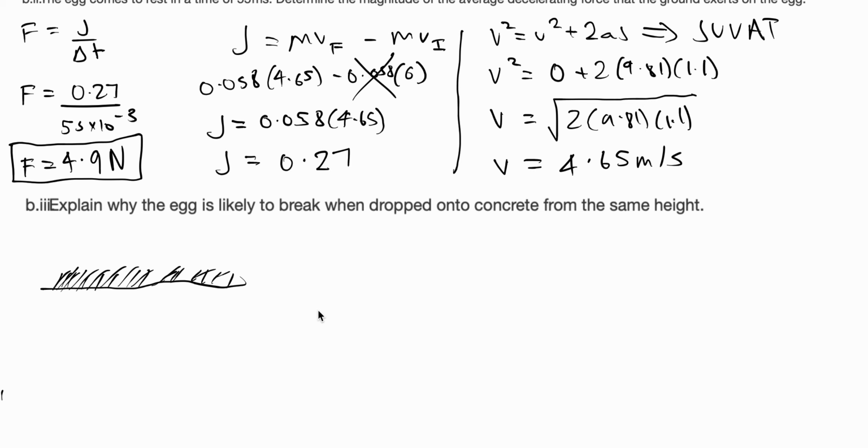Whereas with concrete, the concrete actually reduces the stopping time. There's no cushion. And as a result of this lesser stopping time, the deceleration is also greater. So the force from the ground exerted onto the egg is greater. So the egg feels a greater amount of force and it is more likely to break.